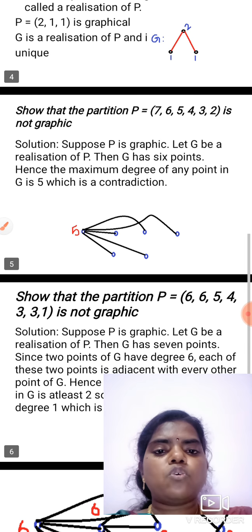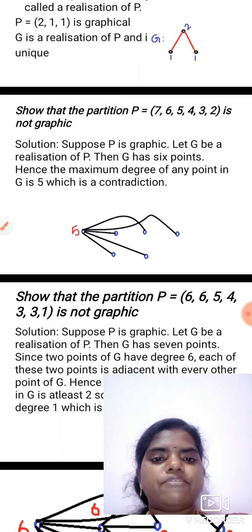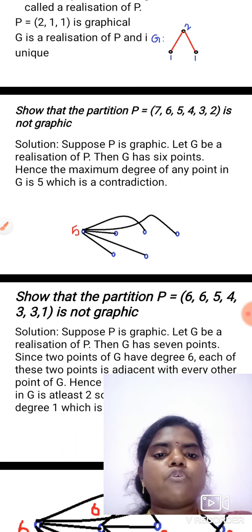Now, let us show the following partition is not graphic. The partition given is 7, 6, 5, 4, 3, 2. First we have to be clear about the number of vertices of our graph. Since we have 6 numbers, the graph consists of 6 vertices. The first vertex is of degree 7.